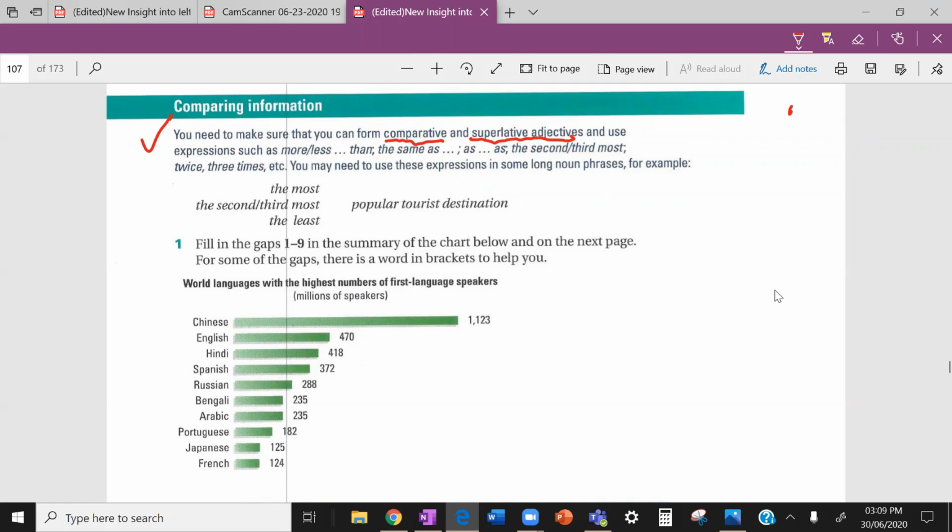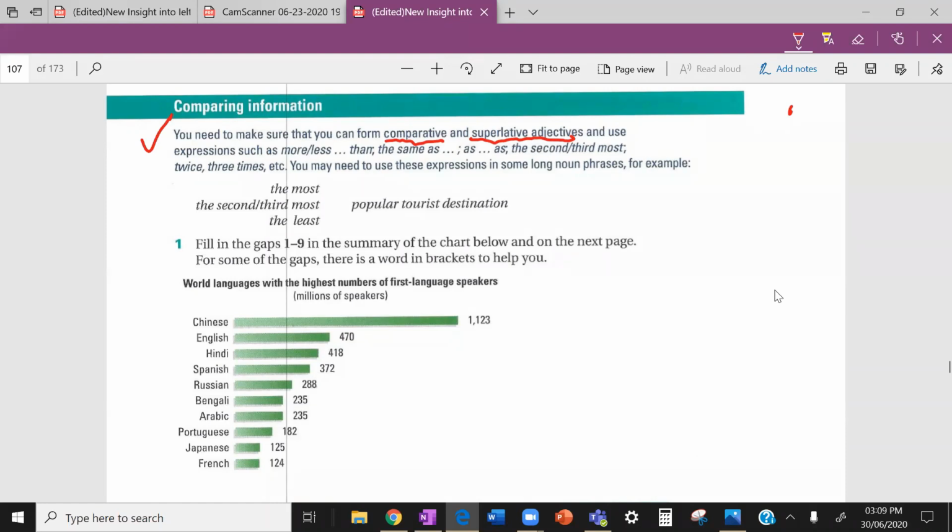Adjective is something which tells us or defines the quality of a noun, like tall, short, beautiful, bad, ugly. Any other person who can explain what is comparative and what is superlative adjective? Every adjective has like 3 qualities. One is simple adjective. One is comparative, when you compare using than: better than, smaller than, taller than, easier than, shorter than, more beautiful than.